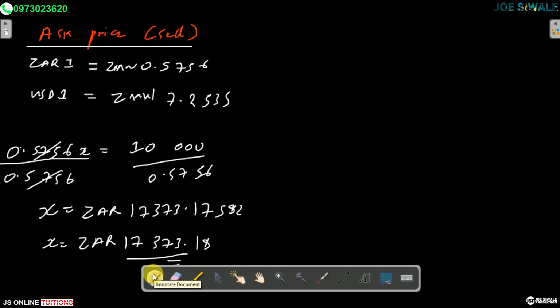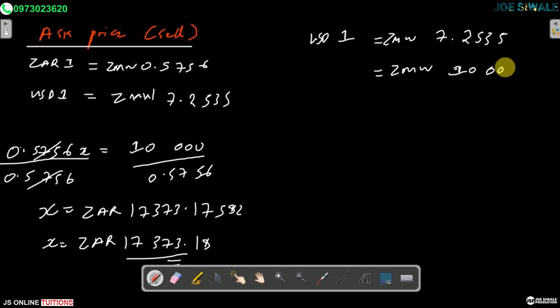Then for the United States dollars, we know the relationship is $1 is equal to 7.2535 Zambian kwacha. Then 10,000 Zambian kwacha is equal to X United States dollars. So we are going to cross multiply, and we are going to have 7.2535X is equal to 10,000.